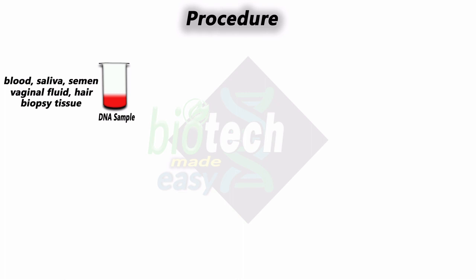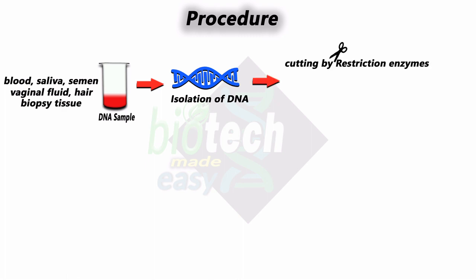Sample should be collected taking all the precautions so that contamination is not there. Once the sample is there, the DNA is isolated by the available protocols. Then this DNA has to be cut into small pieces, and this is done by enzymes known as restriction enzymes.